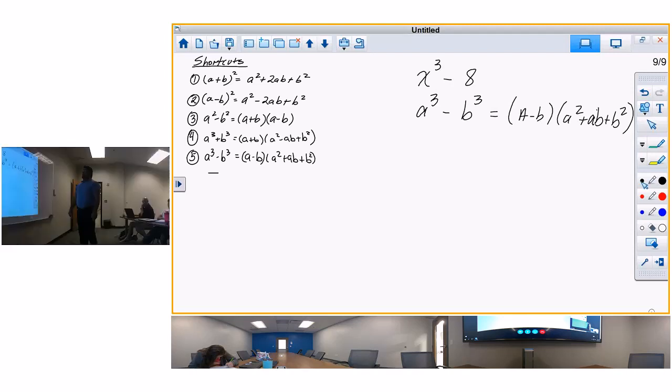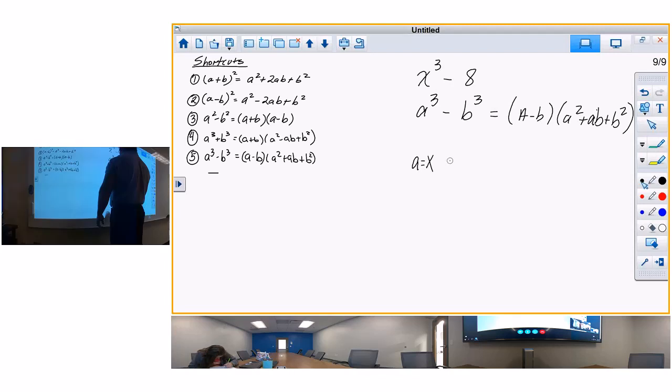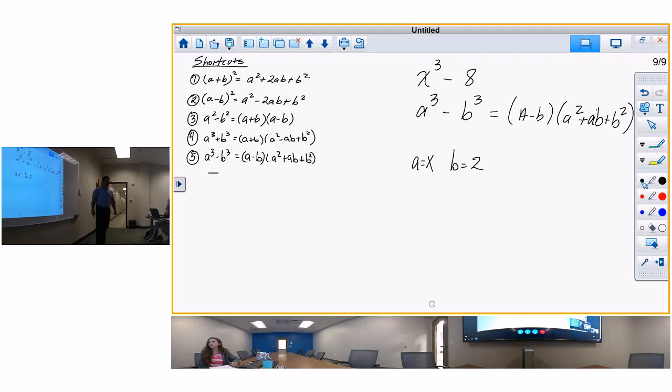Oh gosh, we have to find what A is. A is equal to X. B is equal to, what's the cube root of 8? 2. That's why you have to know your cube roots. Because I could easily put a 125 there or a 64, and people make the mistake of saying the cube root of 64 is 8.